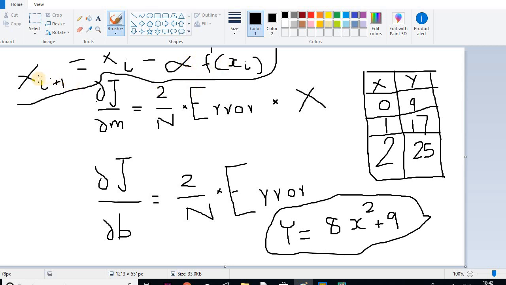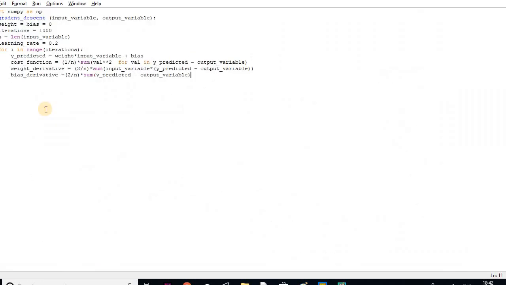So in this x i plus 1, this x can be replaced with m and b. For both m and b we need to use this equation, which we already derived in the previous videos.